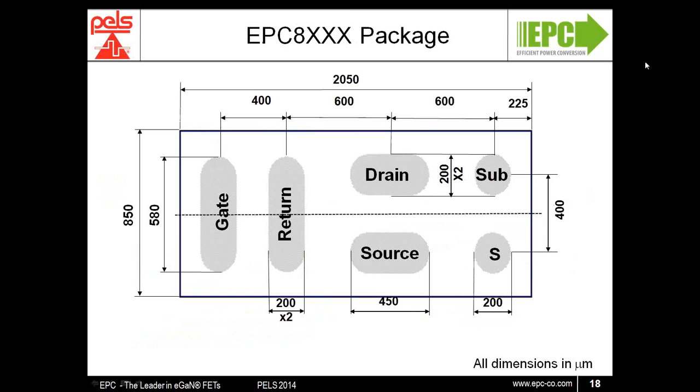Drain and source terminals are on the top and the bottom of the die and are located perpendicular to the gate and gate return. The structure has been designed not only to minimize the package inductance, but also the overall loop inductance and layout inductance on the PCB.